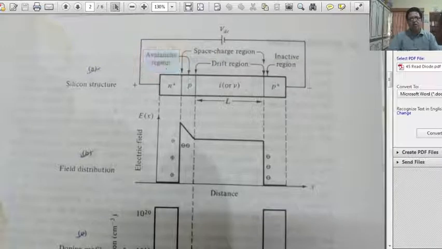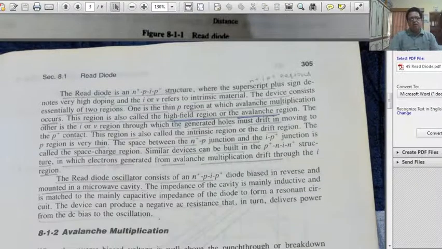Here we are showing this is the avalanche region, because here the field is high compared to other parts, so this is known as the high field region or avalanche region.